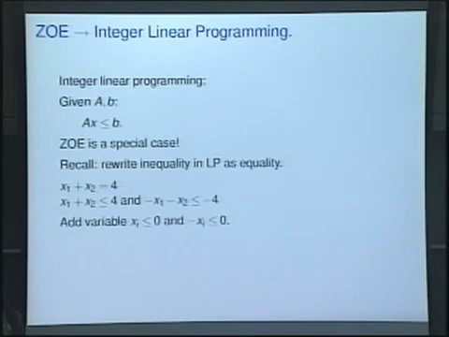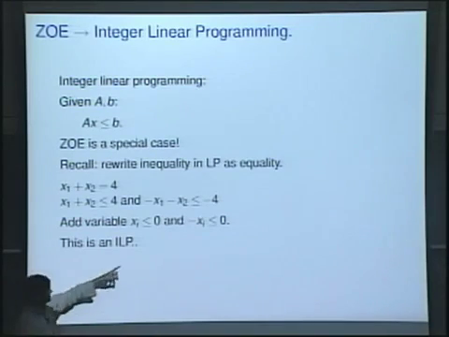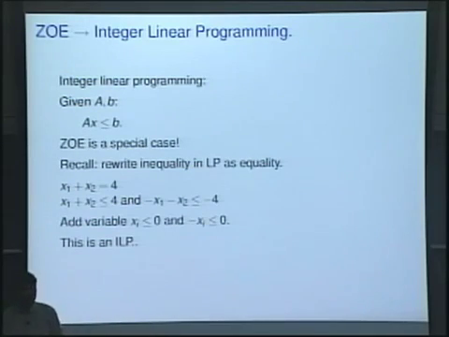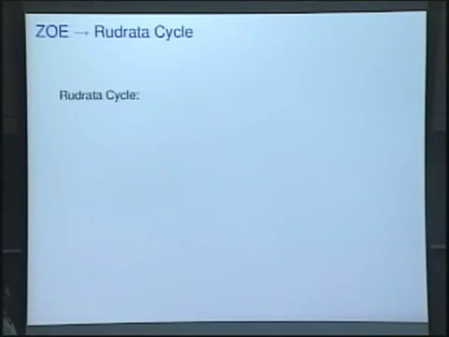Now, you also want to add a variable that says... maybe there should be a 1 here. Yeah, this should be a 1. Sorry. It says that the variables are not larger than 1. So you can express 0-1 equality as an integer linear program. Therefore, integer linear programs are harder. That's a reduction.